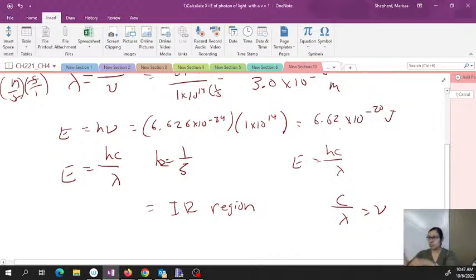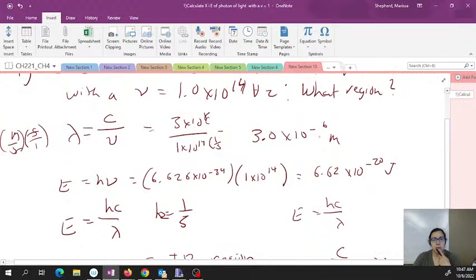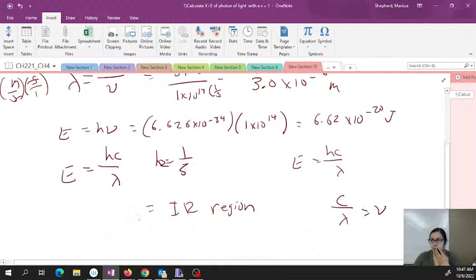Everything's just plugging around and around, so we plug either this for this or vice versa. It's all about whatever form you're comfortable with, whatever information you have, and it doesn't matter. You can solve for this and then plug it in. It all works out.